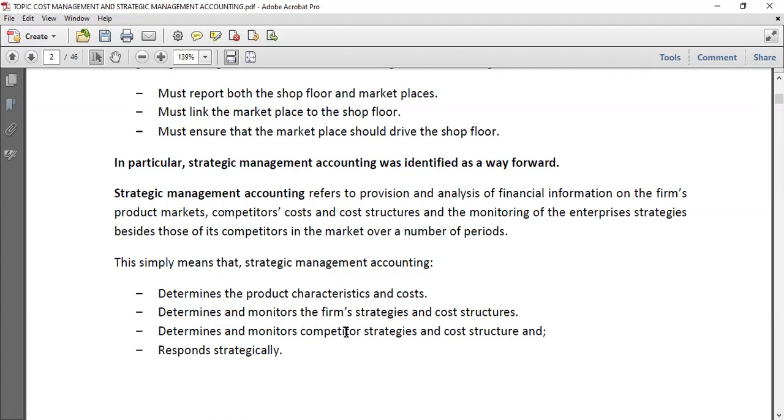It determines and monitors the firm's strategies and cost structures. Just from the definition here, it goes ahead to determine and monitor competitors' strategies and cost structures. Like you see, it goes beyond just the internal environment, and even looks at aspects of the competitors' strategies and cost structures, and then responds strategically.